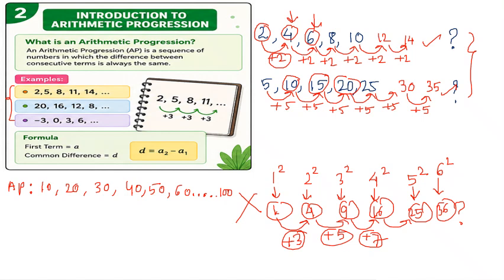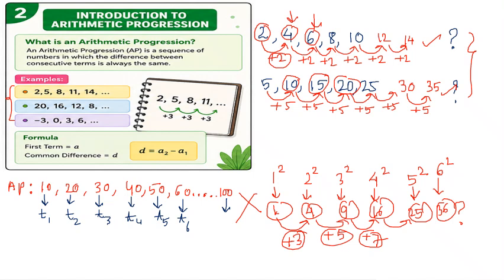In this case 10 will be considered the first term, which is represented by T1. 20 is term 2. 30 is term 3, which means the third term. 40 is the fourth term. 50 is the fifth term. 60 is the sixth term. And definitely a few more terms will be coming, which are not written here. So which term will this 100 be considered as?